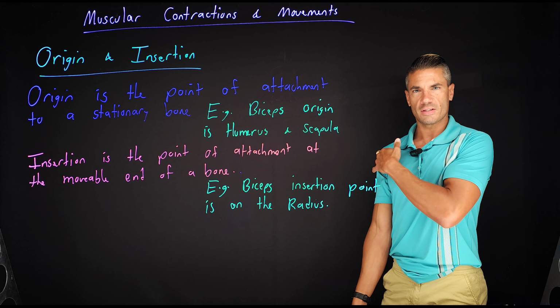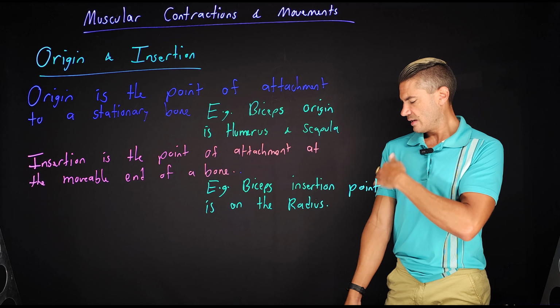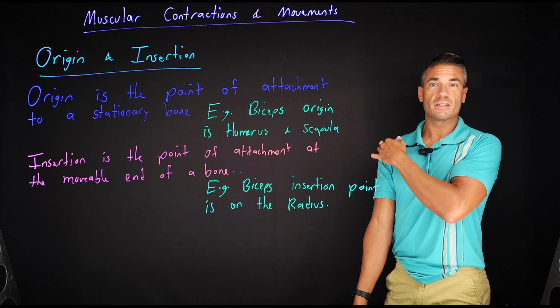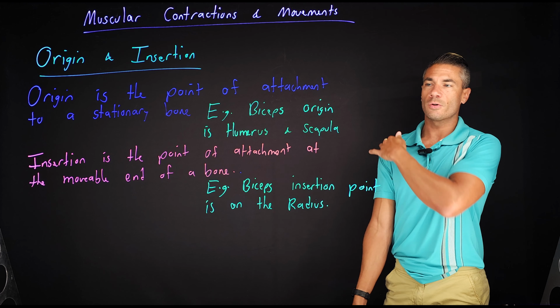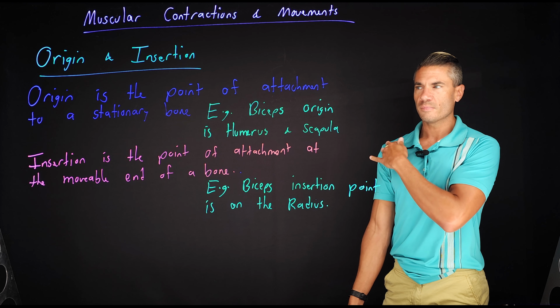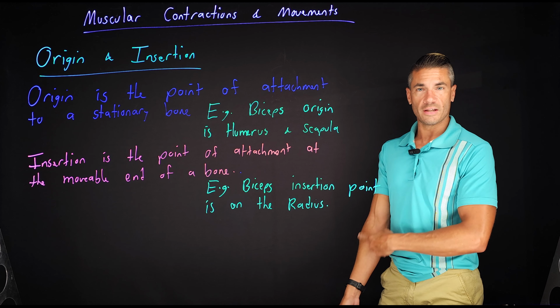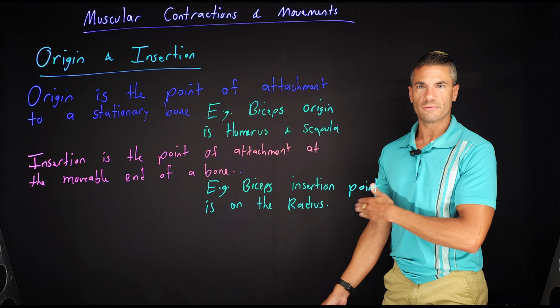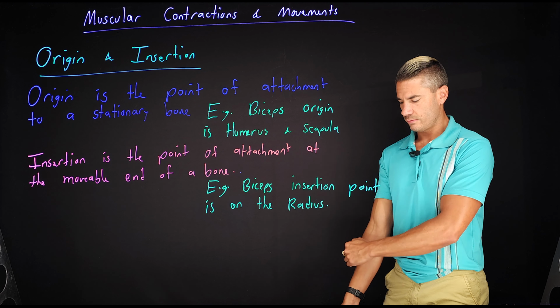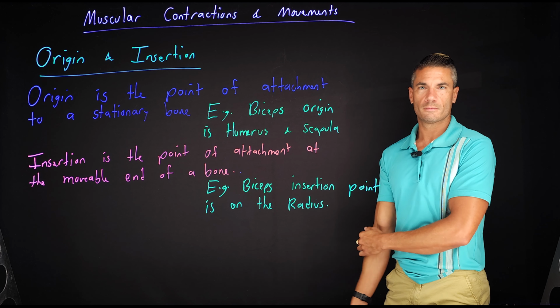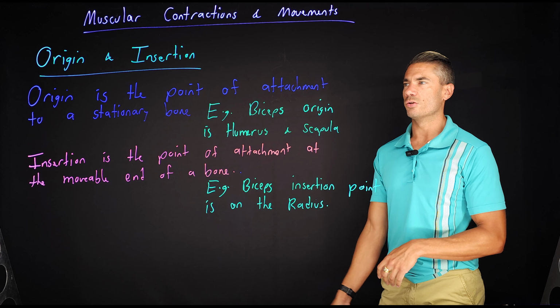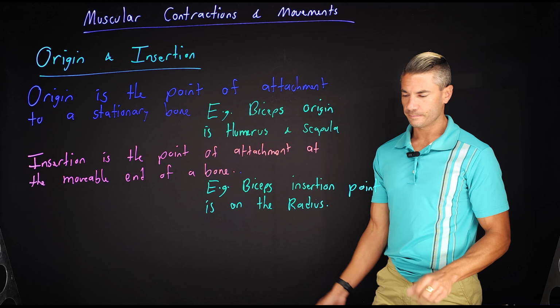So the origin point is up here. The bicep mainly originates at the head of the humerus, but part of it does roll onto the scapula. But the insertion point is down here on your radius, on top here, okay? So when you flex, it pulls like this. That is your origin and insertion points.